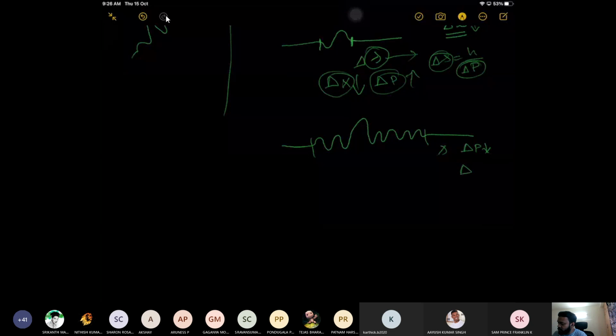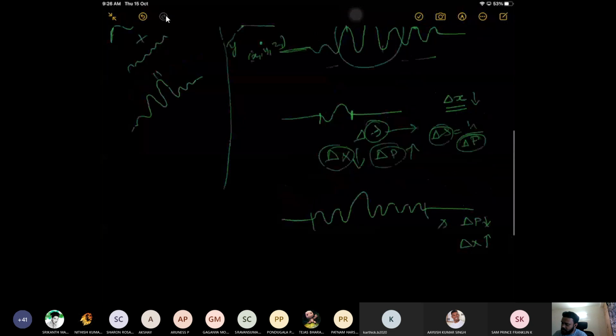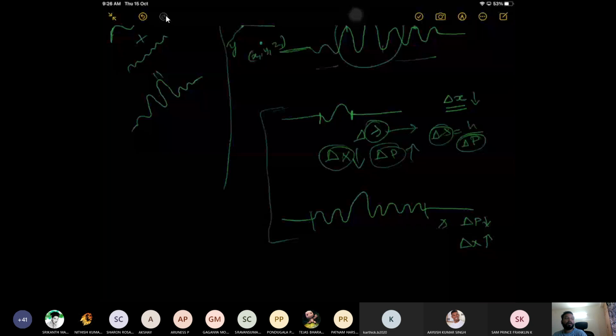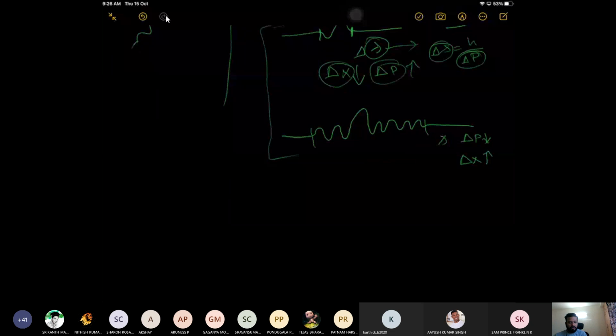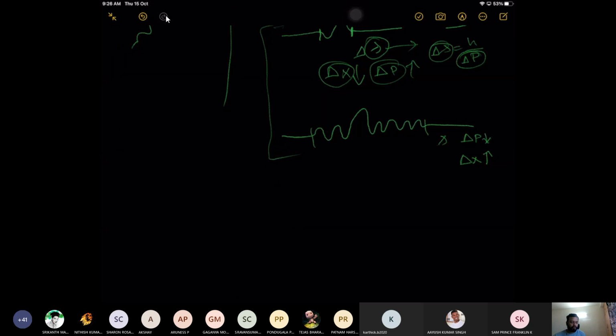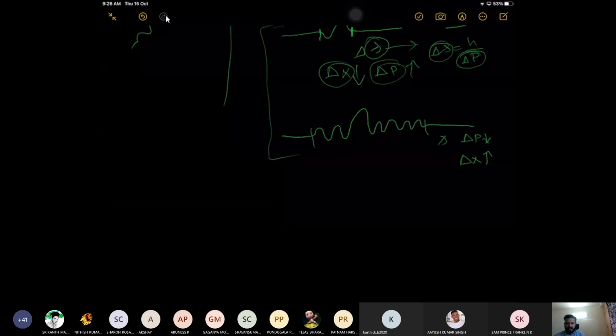For that reason, your uncertainty in x should go high. This is a limitation in our system when we go into the quantum world, and this whole principle is known as the uncertainty principle. Basically, we can summarize it as: it is impossible to know both the exact position and the momentum at the same time. This is the fundamental limitation.